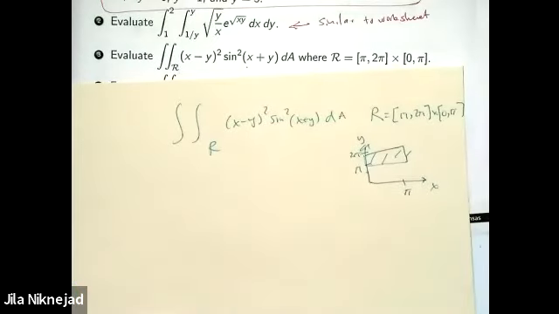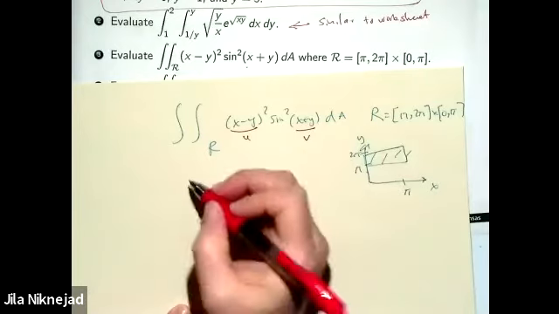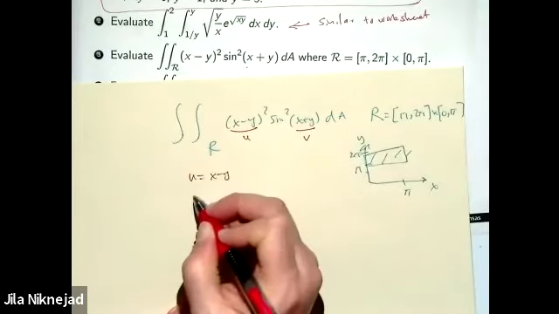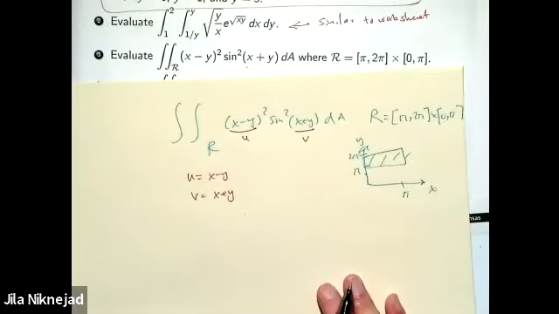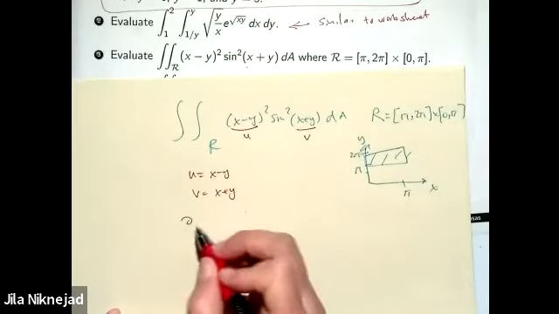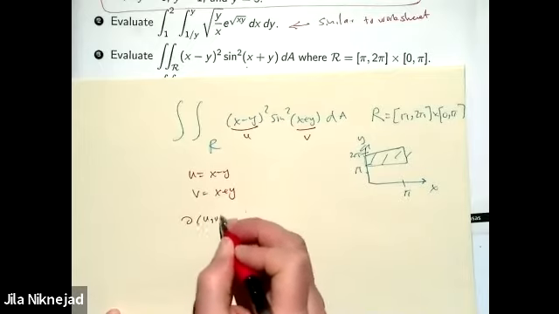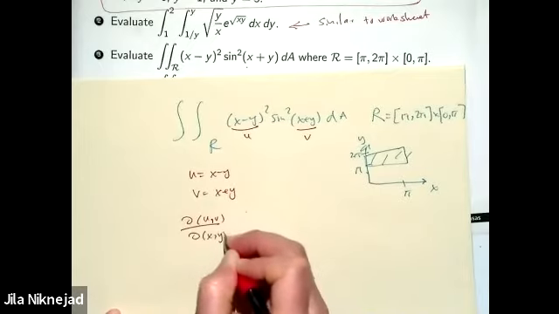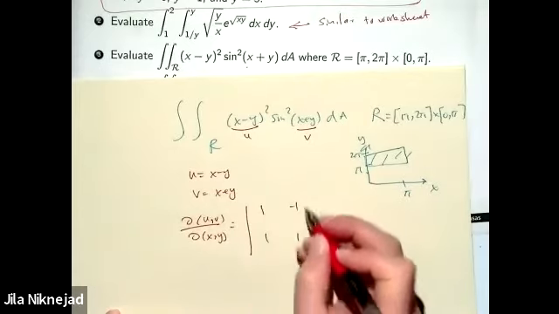So how do I do that? Let's choose this to be U, this to be V. So U equal to X minus Y, V equal to X plus Y. And then find the Jacobian of U and V with respect to X and Y. And that's 1, -1, 1, and 1.